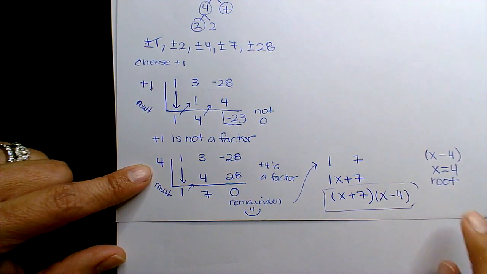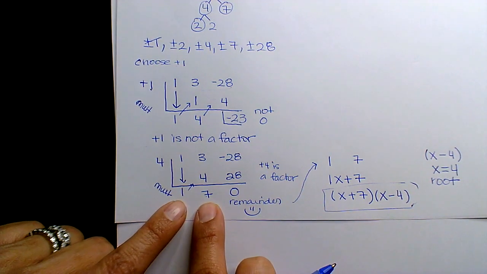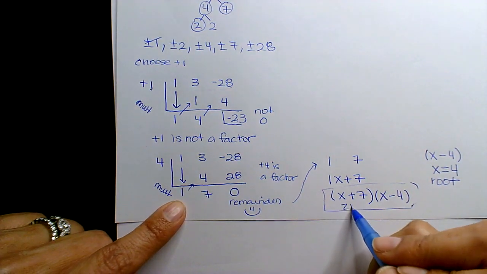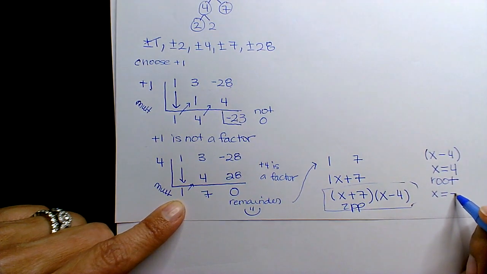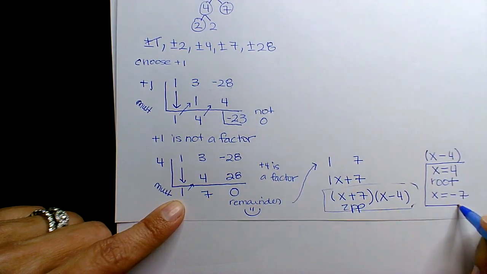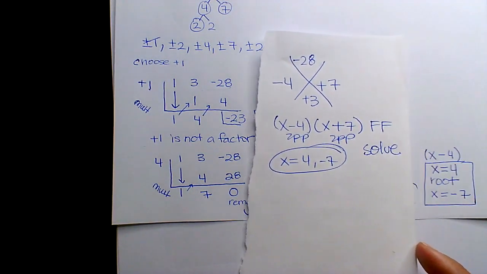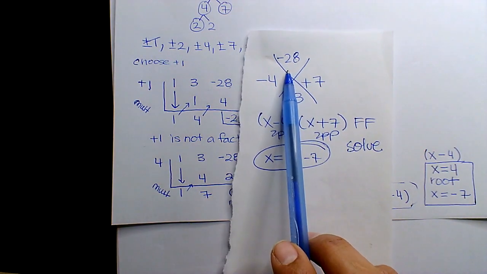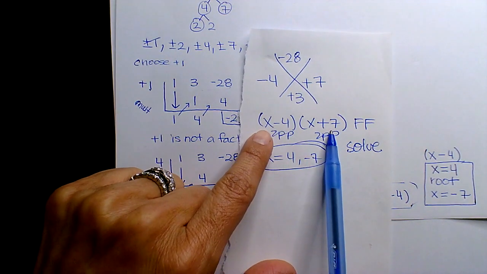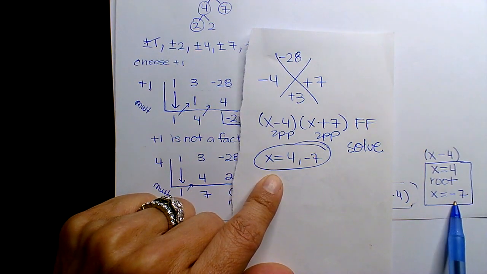What's your other root? If they give you x plus 7, because that's what it came from here, and you perform the zero product property, x plus 7 becomes x equals negative 7, and these are your two roots. When we factored, two numbers that multiply to negative 28 and add up to 3, we got 4 and negative 7. There's my 4 and negative 7.